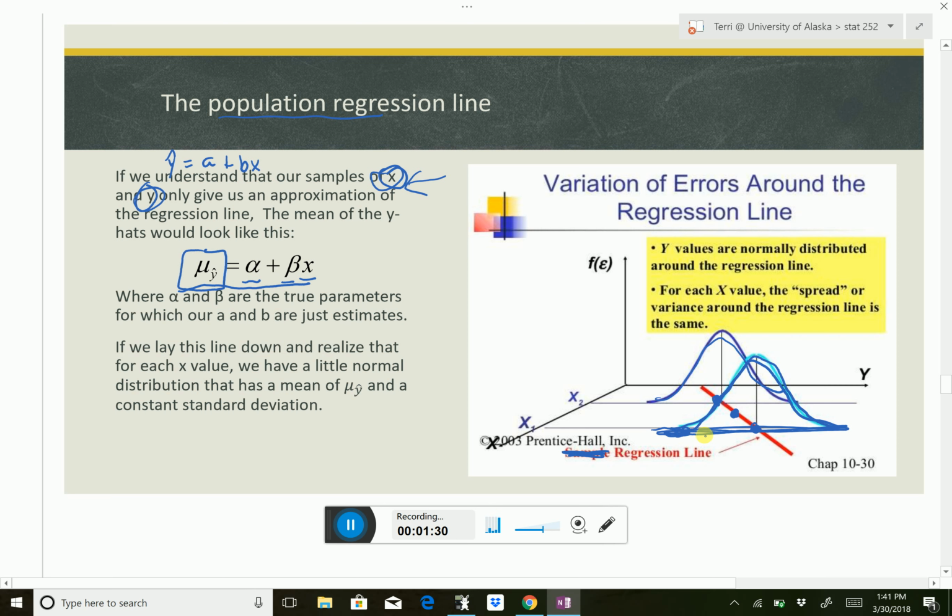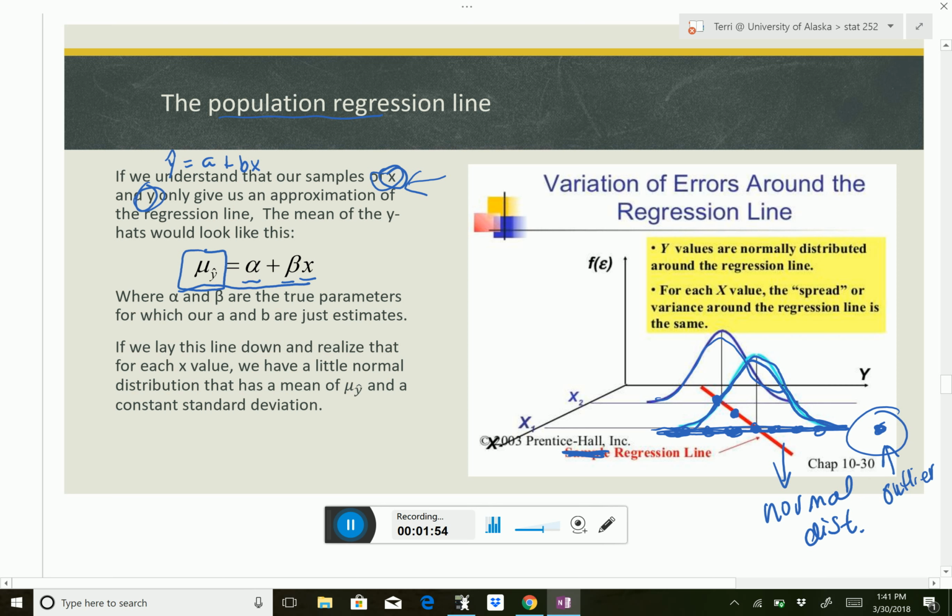So our errors should fall anywhere around in here with a normal distribution. Our errors should be like here or here, and if they're way out here, this error is probably an outlier, right?